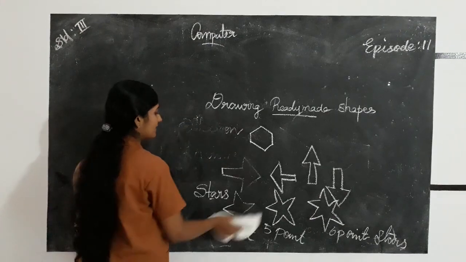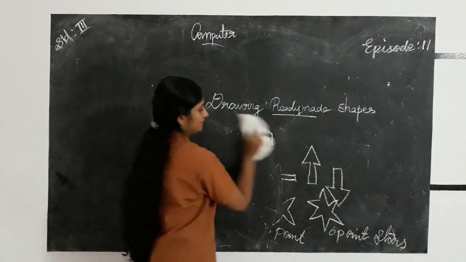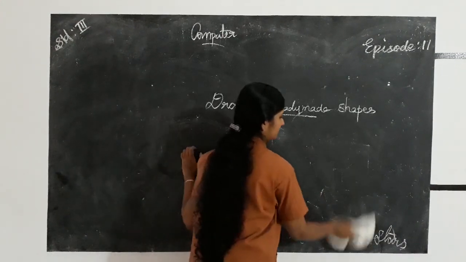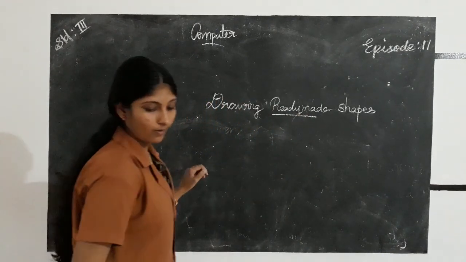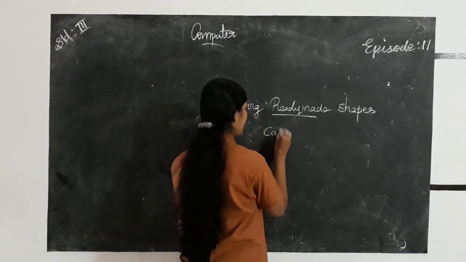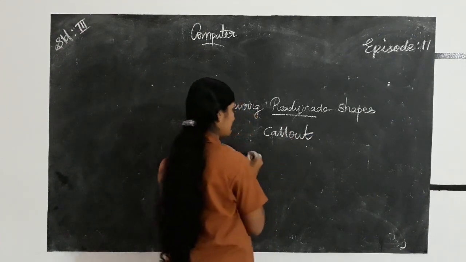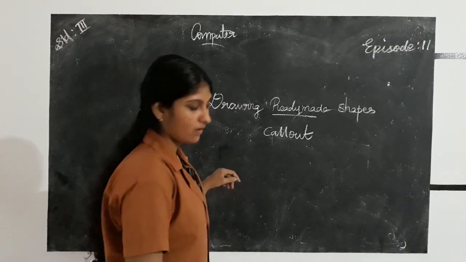So next one is call out. C-A-L-L, call out. O-U-T, call out. Which include first one, rounded rectangular call out.